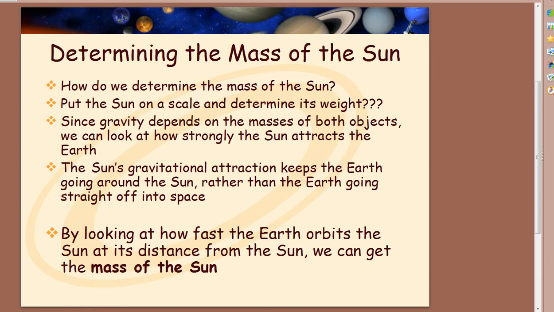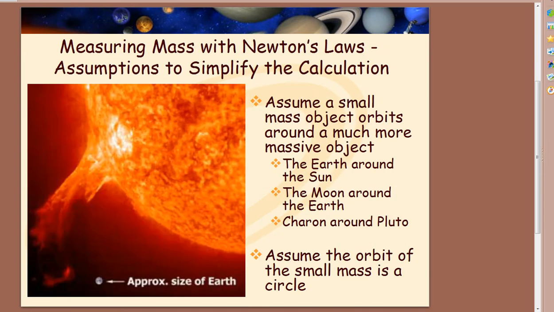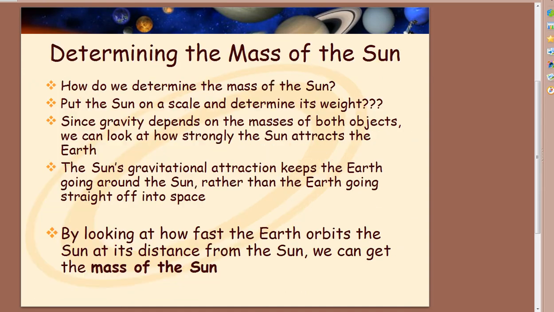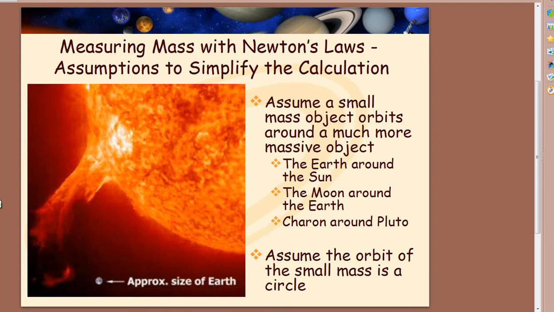Now, it's very interesting. You want to find out what the mass of the sun is, but you have to look at the orbit of another object that goes around the sun.